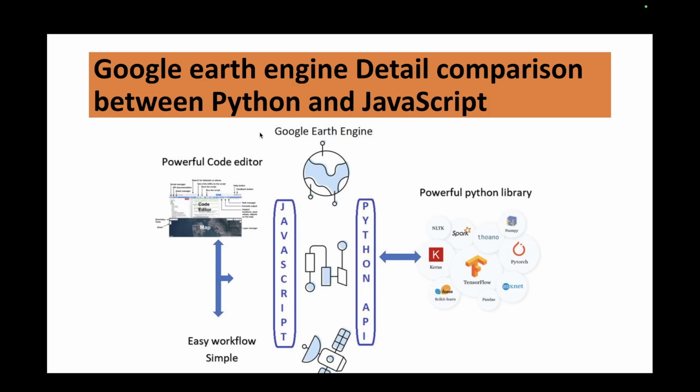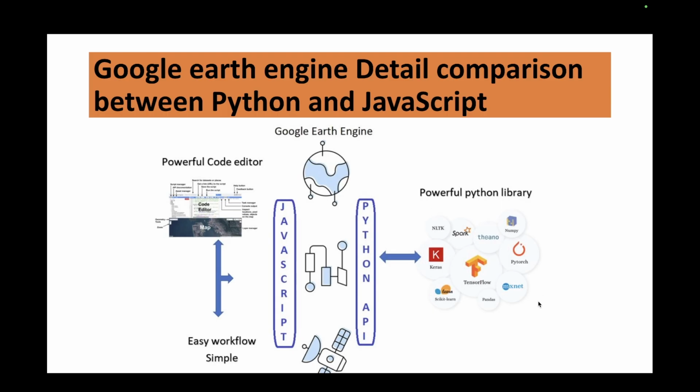The JavaScript code editor is powerful, and we can easily get all of those. We don't need to memorize anything. But when you work with deeper analysis, we simply connect Google Earth Engine with Python, because Python has a lot of powerful libraries: TensorFlow, scikit-learn, pandas, PyTorch, numpy, matplotlib.